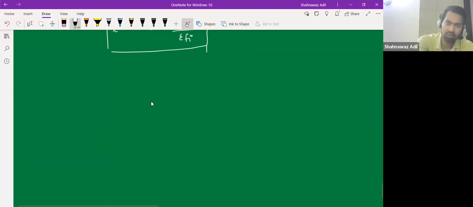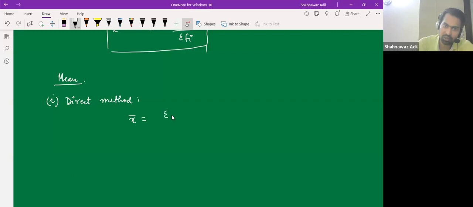Okay. So what did we learn? We learned that we have to calculate mean, right? To calculate mean, we have a direct method. And direct method says that mean is simply summation of fi xi divided by summation of fi. This is it.